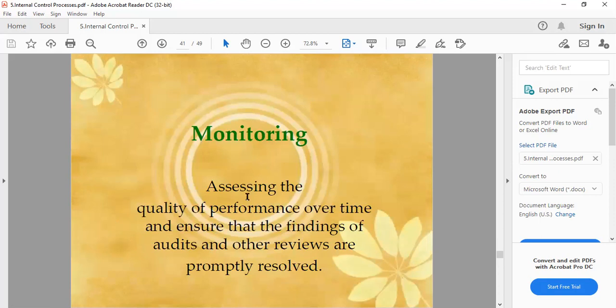We assess, or assessing. This involves assessing the quality of performance over time and ensuring that the findings of audits and other reviews are promptly and properly resolved. Remember, in our activities in the organization, it is but normal that we would get certain findings, especially from audits, and also from other reviews.